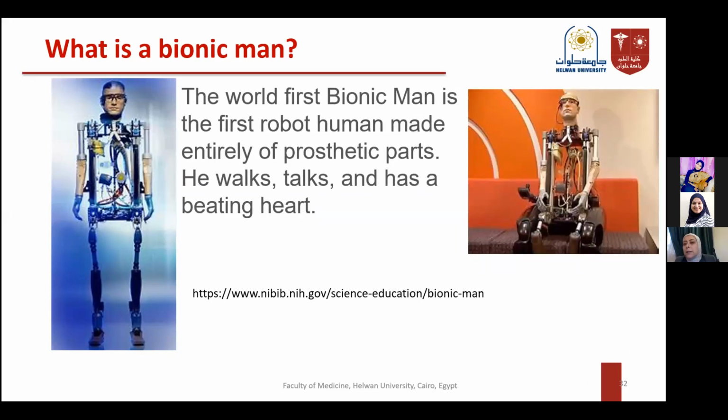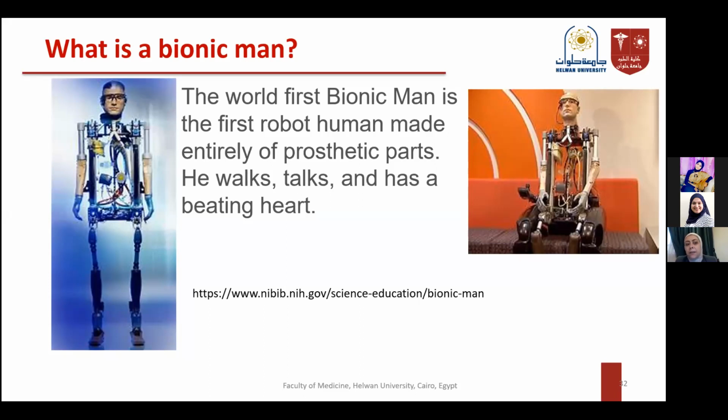The first world Bionic Man is the first robot of human form made entirely of prosthetic parts, okay? It was gathered by roboticists from many universities. It can walk, talk, and even has breathing and heartbeat. It has a kidney, okay?